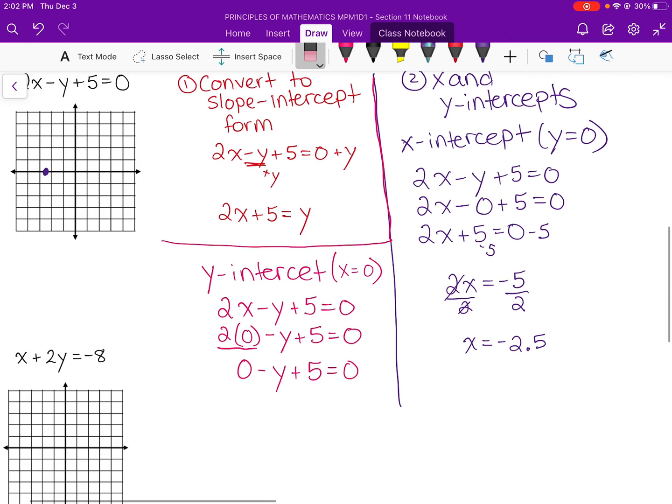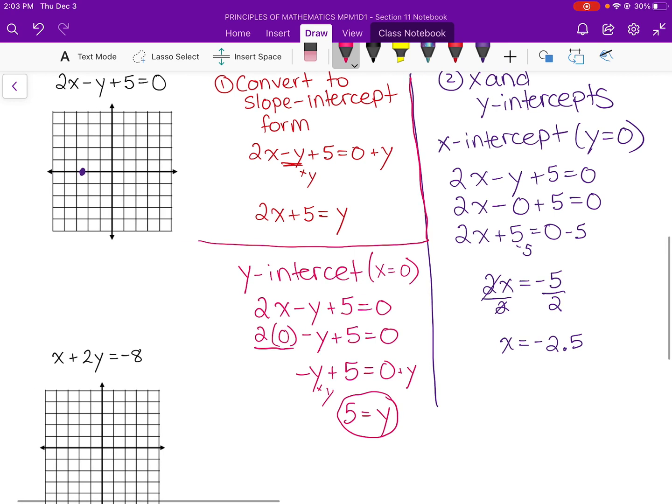I'm just going to get rid of it because who cares about the 0? And then negative y plus 5 equals 0. If I just add y to both sides, then I get 5 equals 0 plus y, which is y. So the y-intercept is 5. 1, 2, 3, 4, 5. And then I can plot that on and make a line.